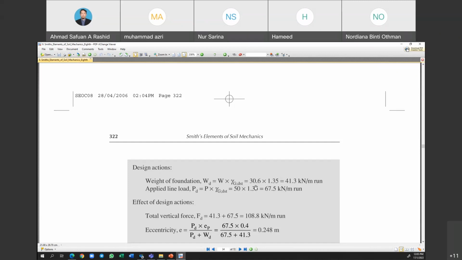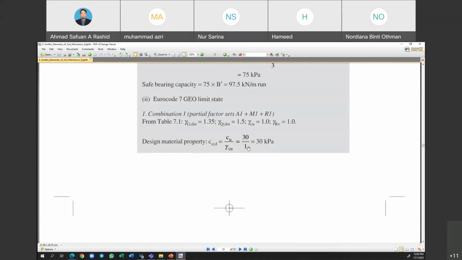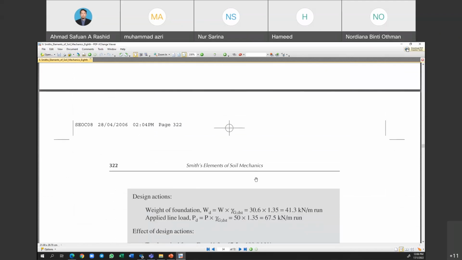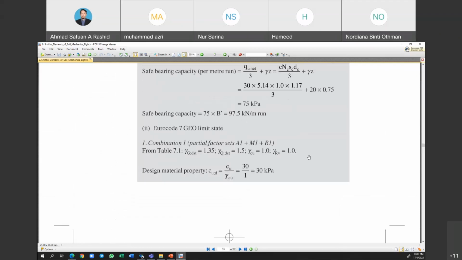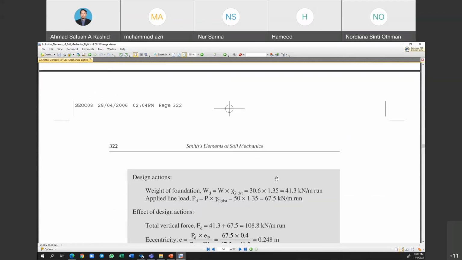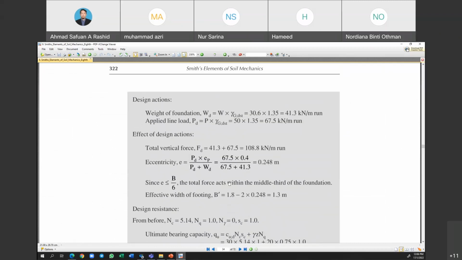Okay, so for the action we multiply, for the material we divide. And also for the resistance, we may divide as well. Okay, so then for the effect of the design action, this is the design action FD. Okay, so the value is equal to 108.8.